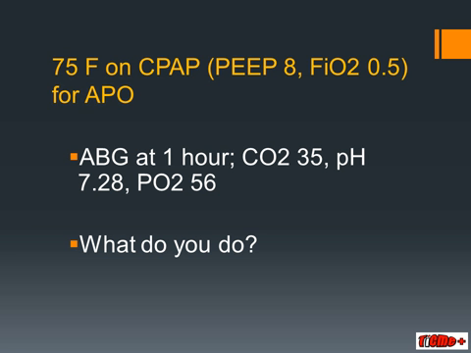So, if the problem is acute pulmonary edema, we need to increase the medical management for this, and this might include increasing our GTN infusion if the patient's blood pressure will tolerate it. But from a CPAP perspective, we only have PEEP of 8. So in this situation, I would increase the PEEP from 8 to 10 and watch our SATs to see if they improve. If they don't improve in the next 5 to 10 minutes, I would turn the PEEP up by another 2 to 3 and watch for improvement again.